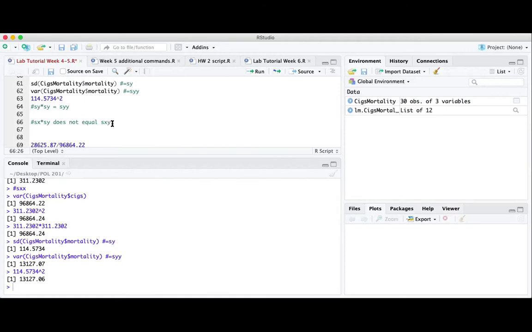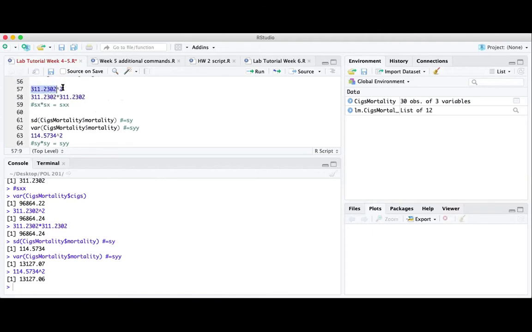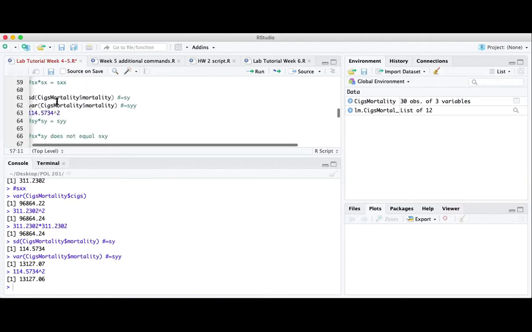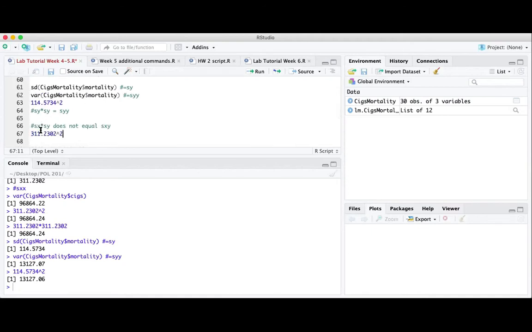So this is the covariance, and these are the two standard deviations. They are not the same thing. So this is my SX value here. And of course, I don't square it.